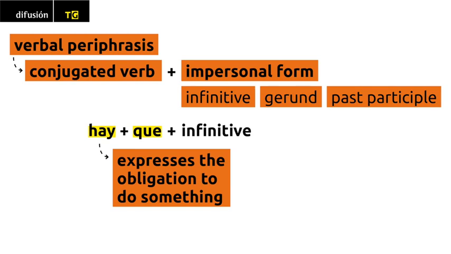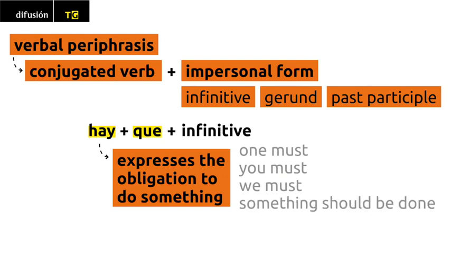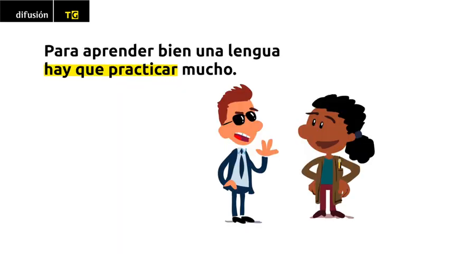This very common structure can be translated into English several different ways, such as one must, an impersonal you must, the impersonal we must, or as a passive something should be done. Para aprender bien una lengua, hay que practicar mucho.